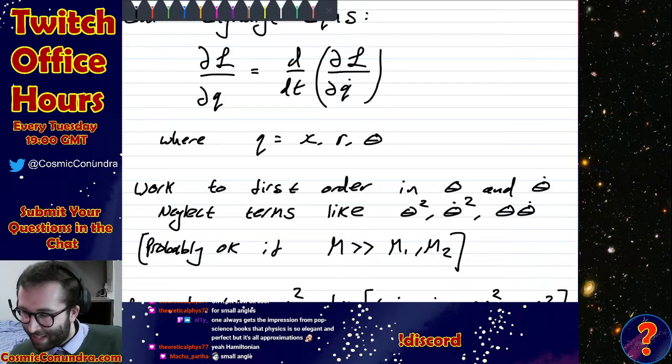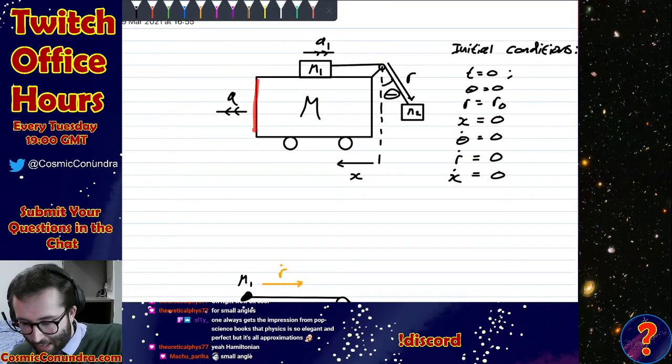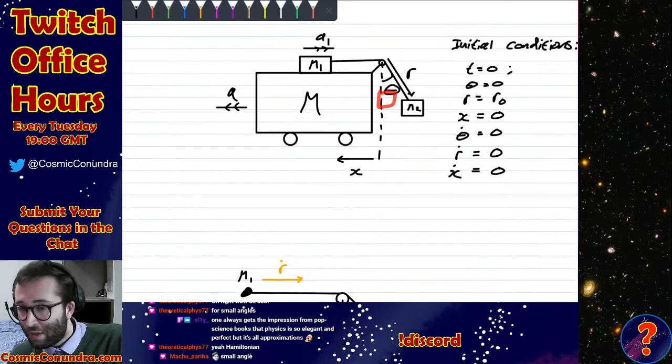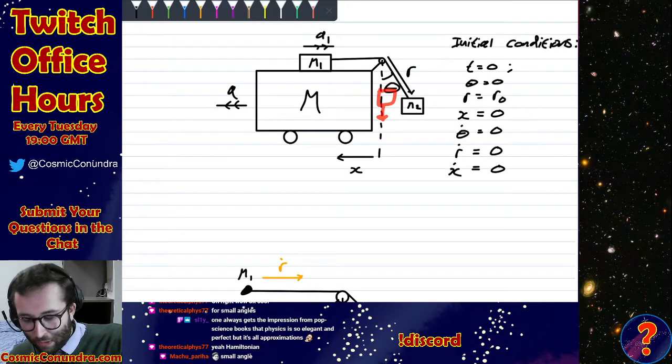My justification of it is that if the mass of the box is much larger than the mass of either one of the two weights, m1 and m2, then the effect of this second mass m2 falling down is not going to exert a large reaction force on the pulley.